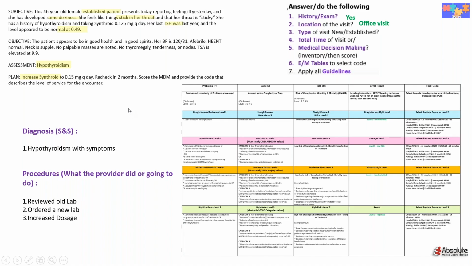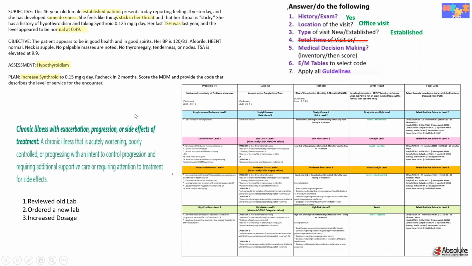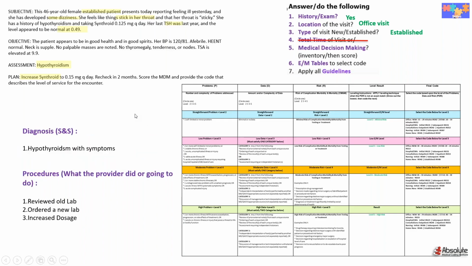How about the location? This one is an office visit. Is this a new or an established patient? Document says it's an established patient. Was there a total time documented for this visit? No. So we are going to score them again, and in the diagnosis we are having hypothyroidism with symptoms.